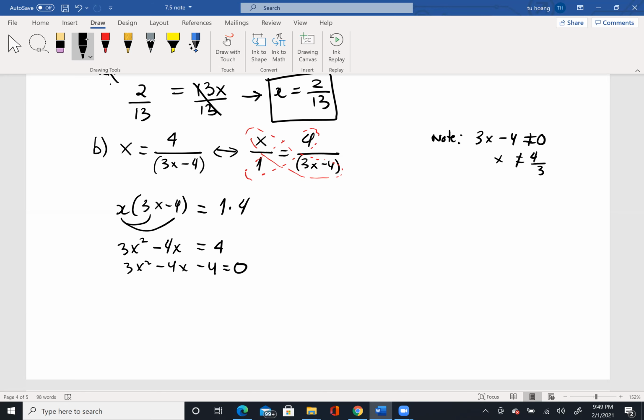So you will have to think about how to solve this trinomial equation, type number 2, because you have a equal to 3 here, right?